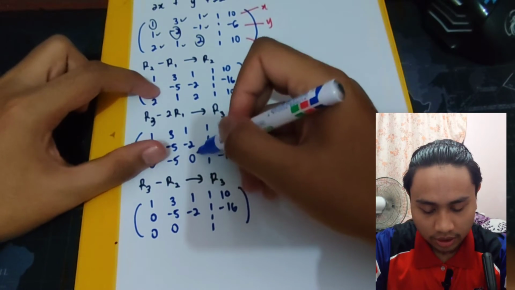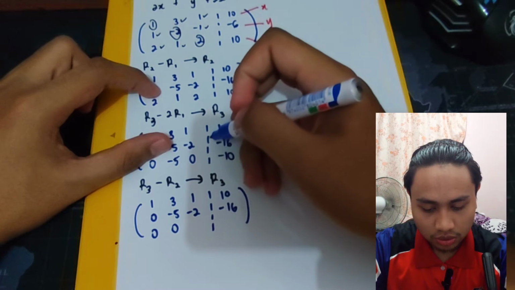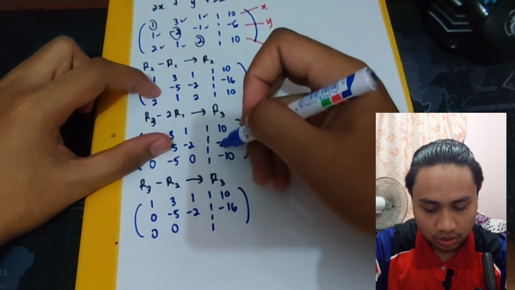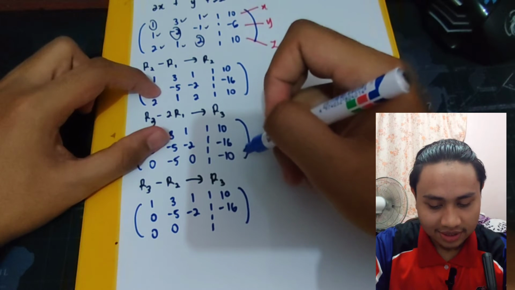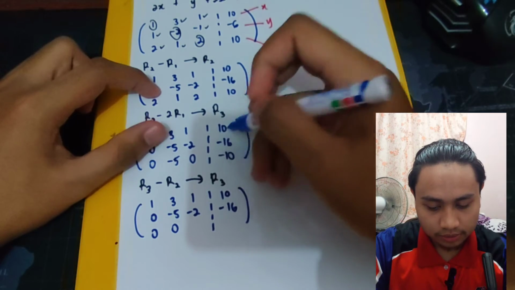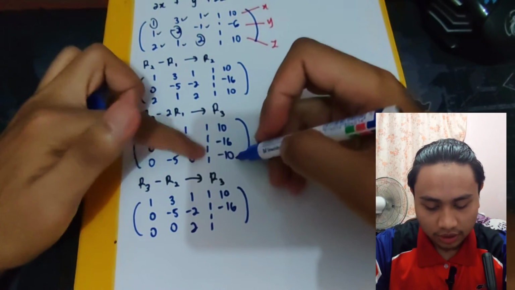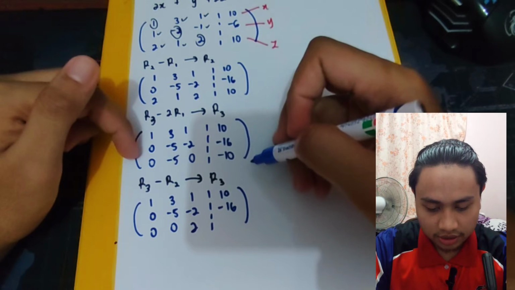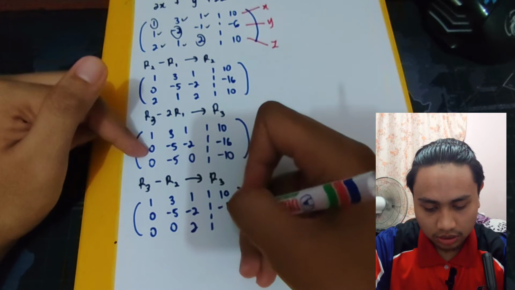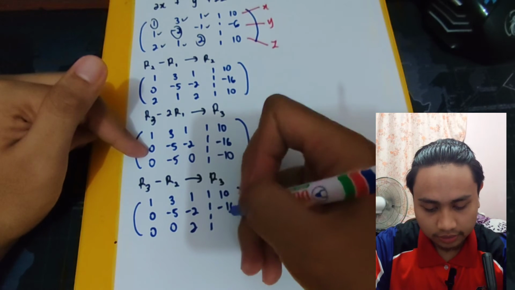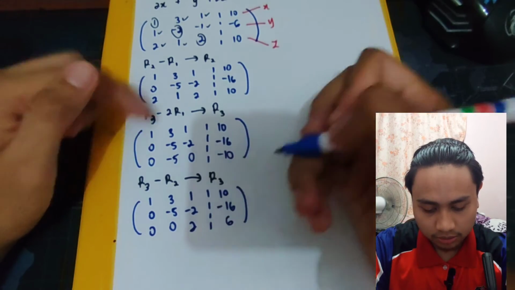Then 0 minus 2, 0 minus 2, 0 minus negative 2 becomes 2, and negative 10 minus negative 16 becomes 6, right? Yep, negative 10, 6.